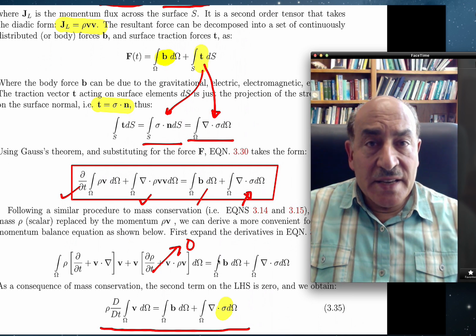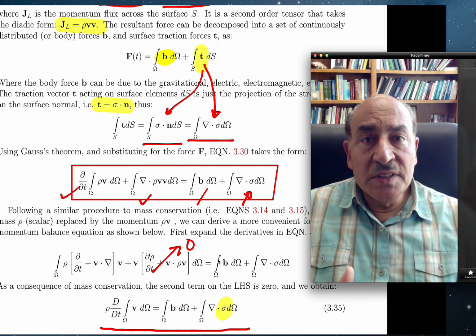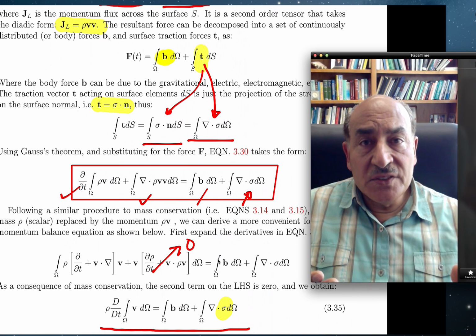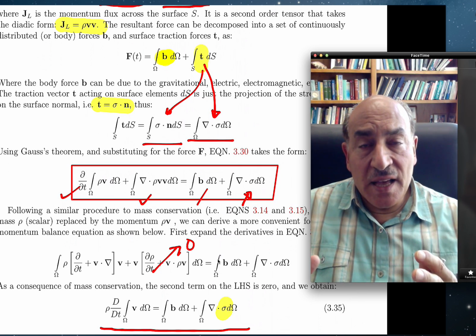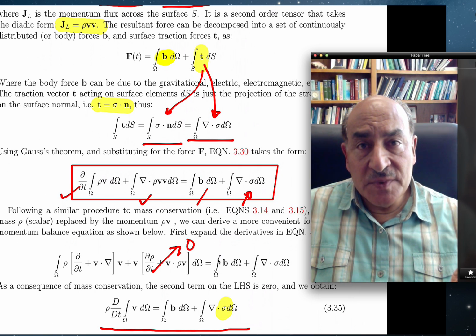So the next step is to find a relationship between the stress and the velocity, or the displacement. You remember that the velocity is the time rate of change of the displacement. In mechanics, if we have a static solid, the stress is linearly related to the displacement.